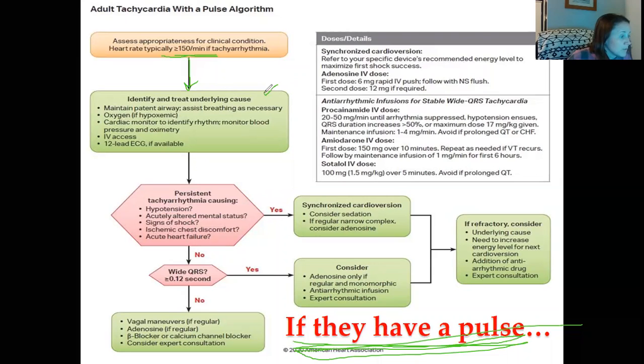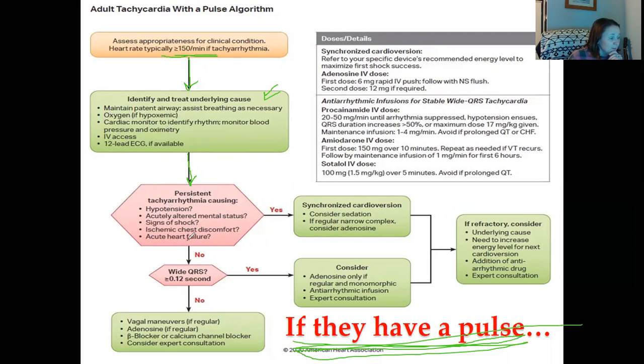Basically, we're going to assess them for the cause and assess their blood pressure. Then we're going to continue our assessment and see, are they stable or unstable? Is this a stable or an unstable tachycardia?